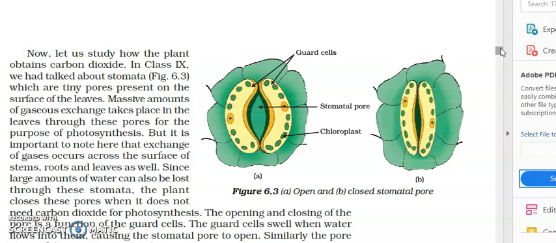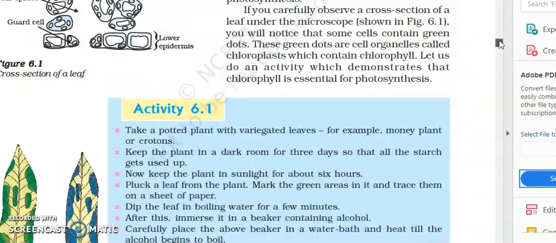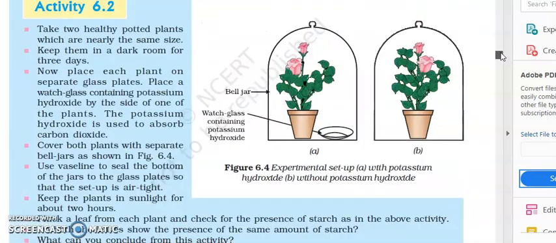If you find time during this week, you can easily go through activity 6.1, activity 6.2, read them, and try to figure out how light, chlorophyll, and carbon dioxide are essential for photosynthesis. In other words, they become limiting factors, factors without which photosynthesis cannot occur. So I conclude the class for today.